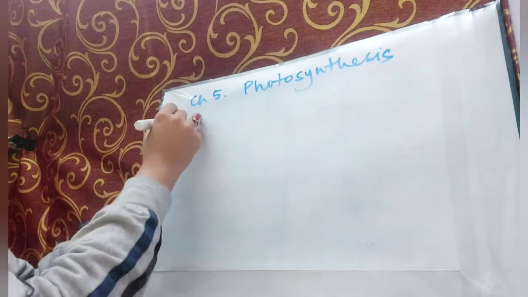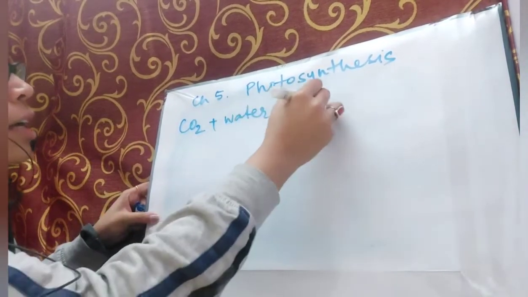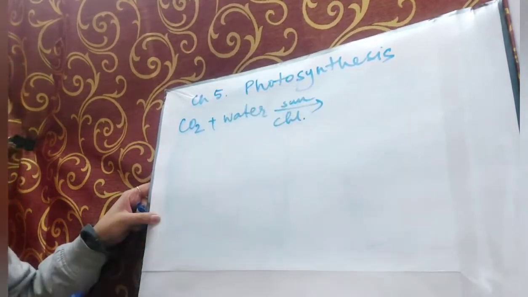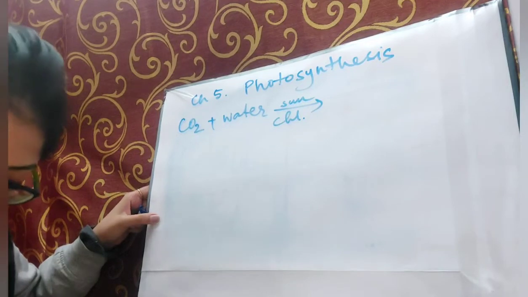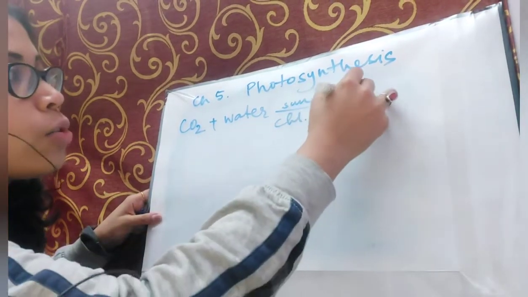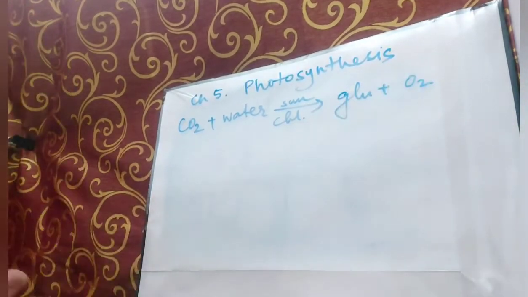Now let's find out the word equation with which we can represent the process of photosynthesis. So we can write in this way: CO2 plus water, in presence of sunlight and chlorophyll, gives glucose and oxygen.